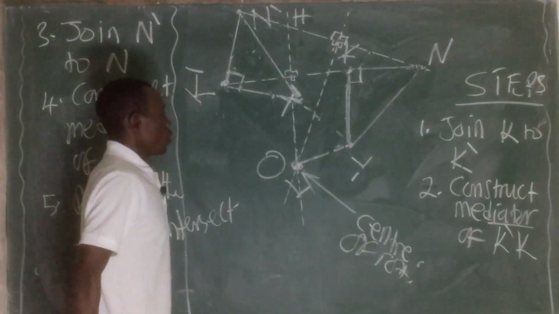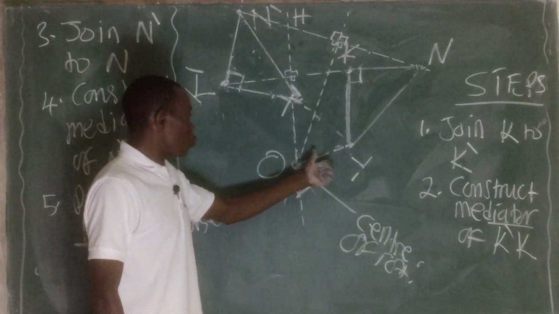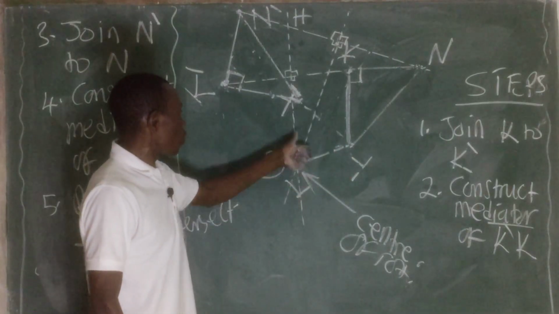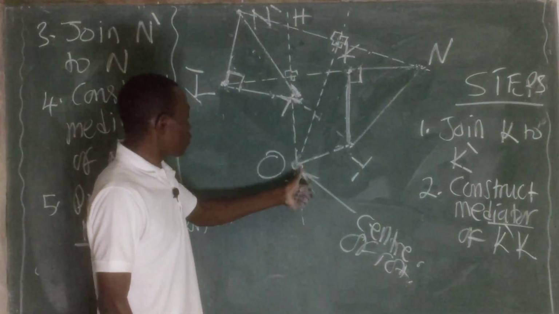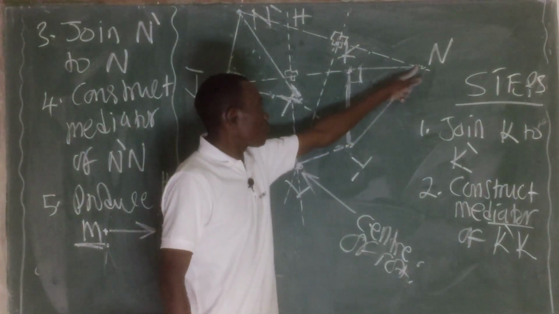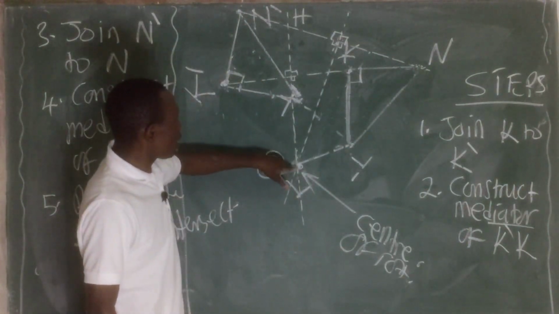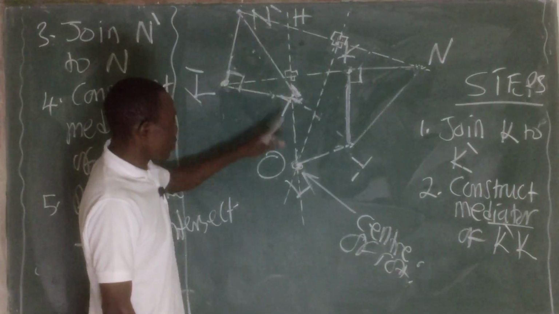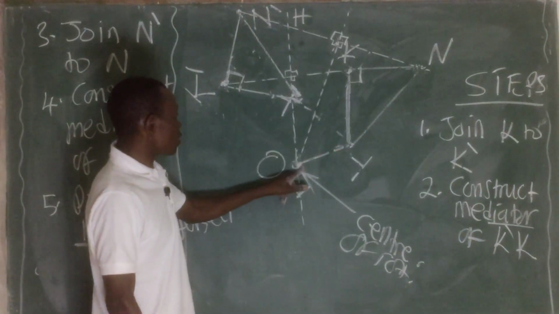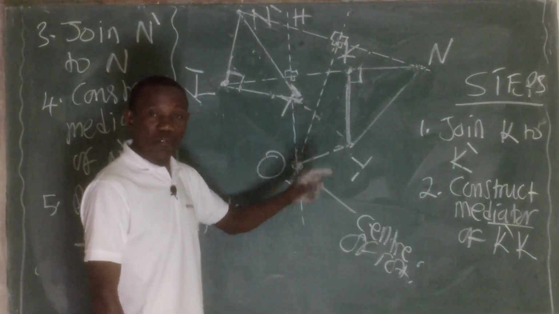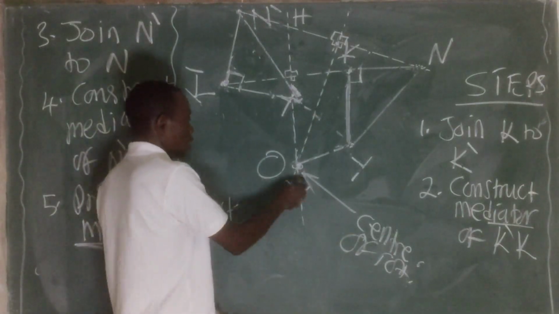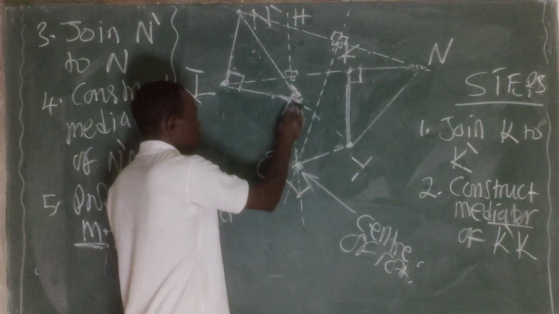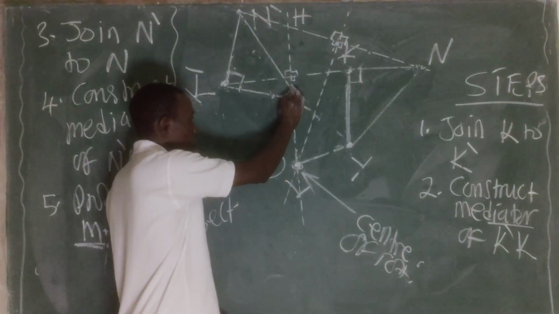Right. Once I've drawn the line from O to Y, I need to also draw another line connecting O to Y prime. If you choose O to N, then you also have to draw another line from the center to N prime. So just like the object line versus the image line of the same vertices: you draw the line connecting center to object point, and again center to image point.